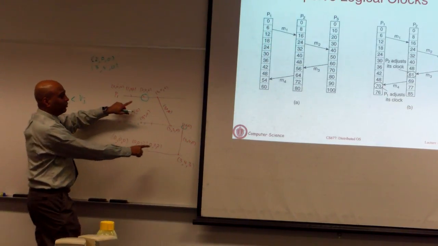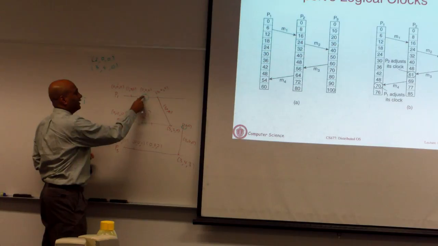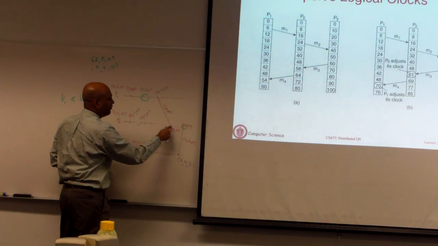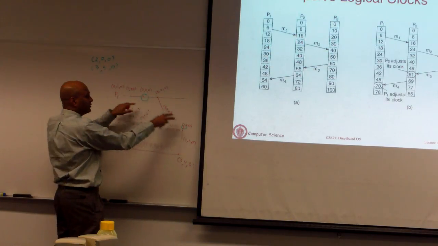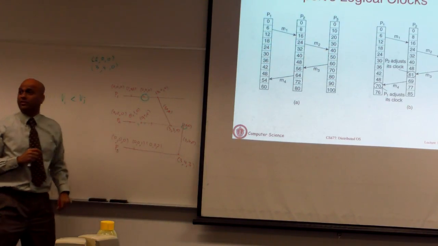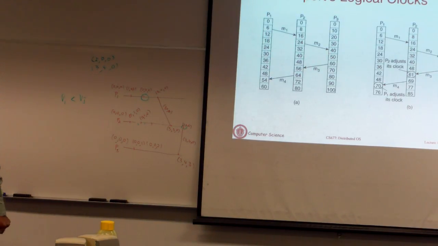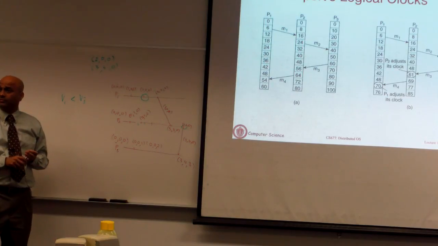Now look at these two events. The send happened before the receive, which happened before that other local event. So these two are comparable events, and this event has happened before that other event. And the vector values are telling us exactly the same thing.